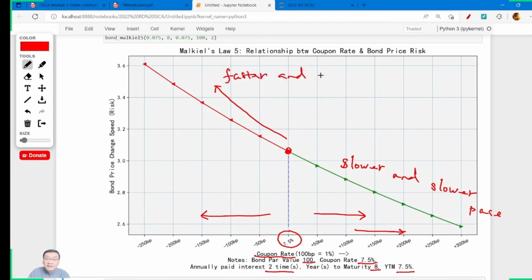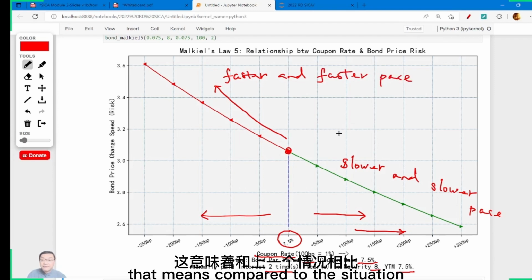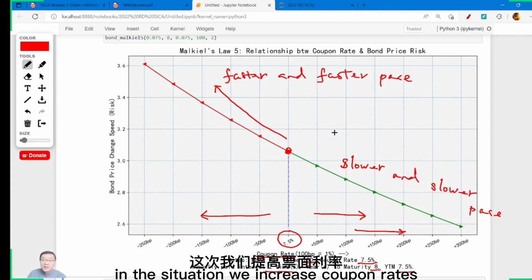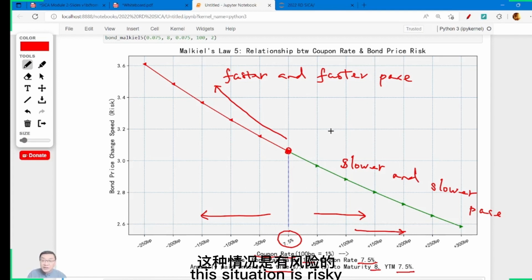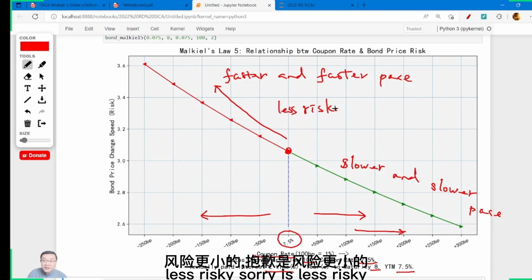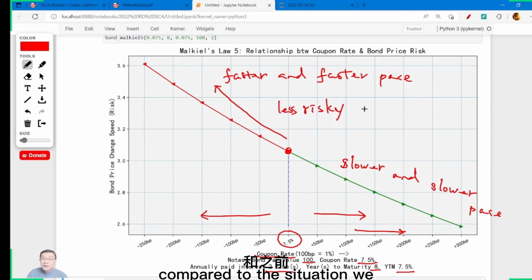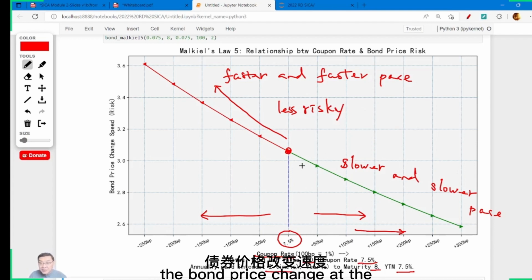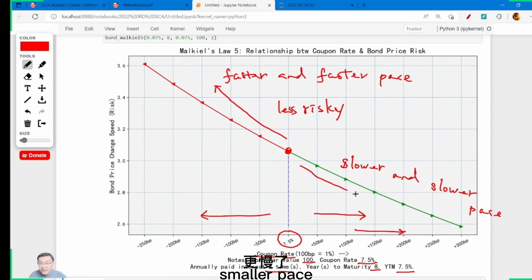That means compared to the situation where we decrease coupon rates, increasing coupon rates is less risky, because the bond price changes at a smaller and smaller pace.